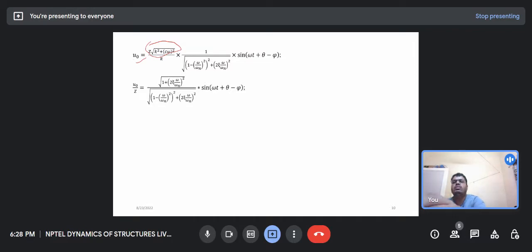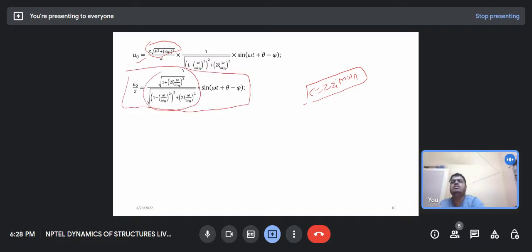If you rearrange or solve this equation, k is equal to m omega n square, c is equal to 2 xi m omega n, and if you rearrange the terms, this comes out to be the transmissibility. So for the vehicle in the sinusoidal wave movement, this is also a case of transmissibility. In this case we have to find out the transmissibility m, so here the magnification factor or transmissibility is this.